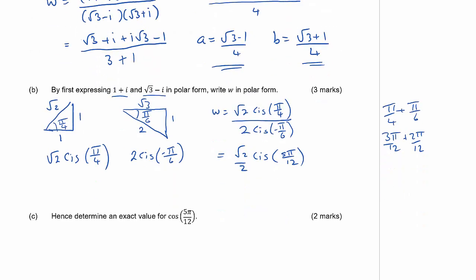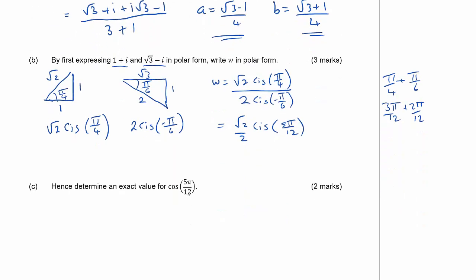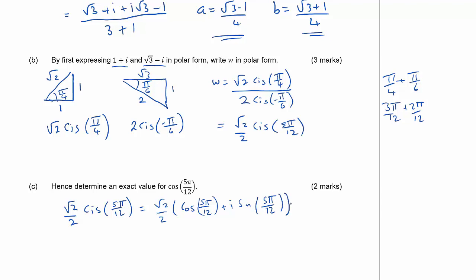So we're now asked to determine an exact value for cos 5 pi by 12. Well, we know that root 2 over 2 cis 5 pi by 12 means root 2 over 2 times cos 5 pi by 12 plus i sine 5 pi by 12.